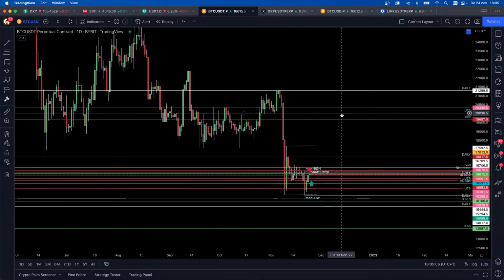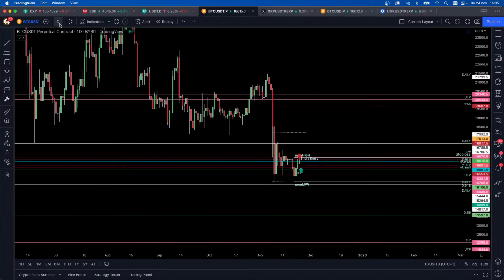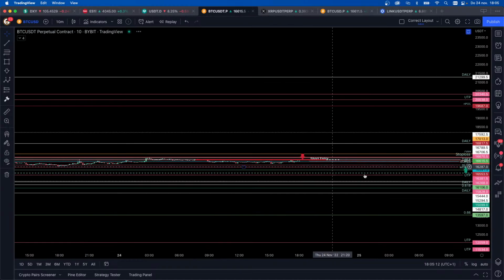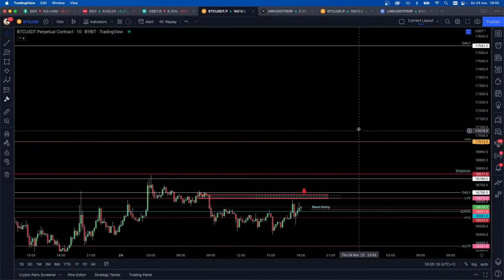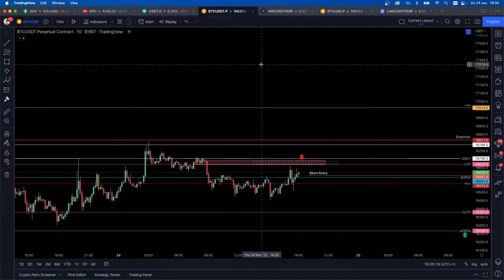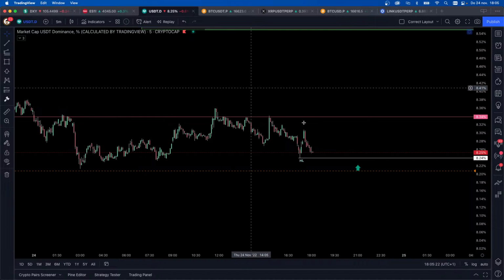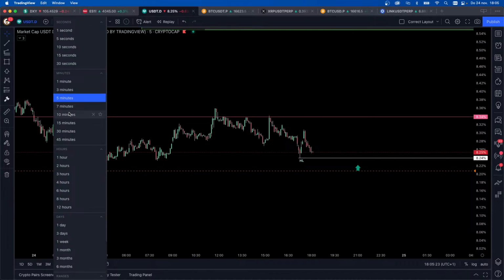We have this NPOC back in here, some untapped regions. It's a really difficult trade.